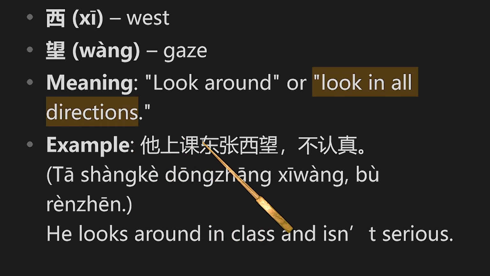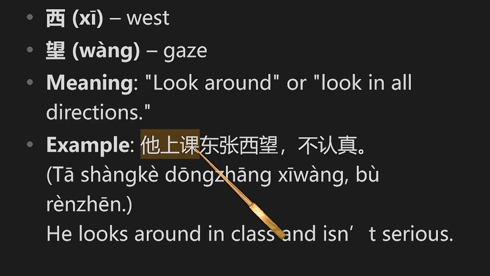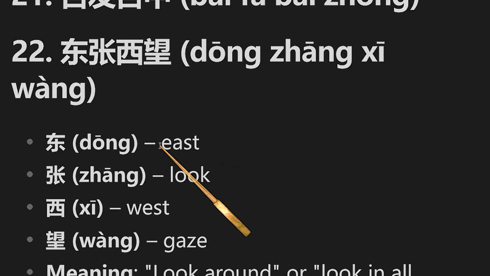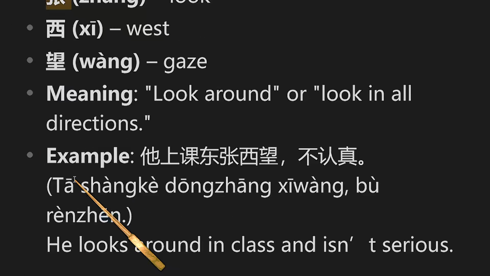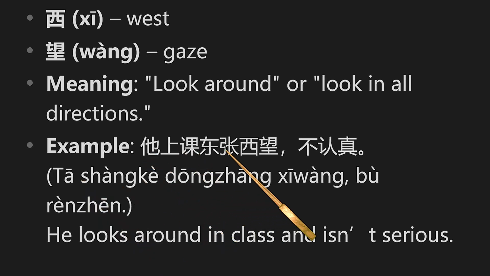他上课东张西望，不认真。So 他上课 at the time of class, or 上课时, also could say 我上课的时候东张西望。So 东 it's east, 西 it's west, and 张 and 望 are just synonyms of the word 看, to look at something. 上课东张西望，不认真。We know 认真 is to be serious about something.